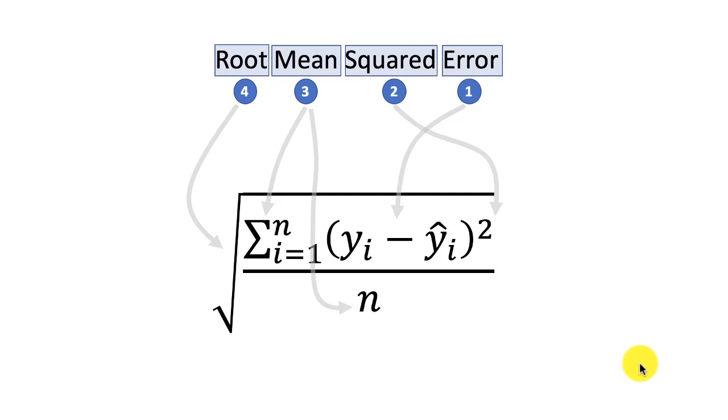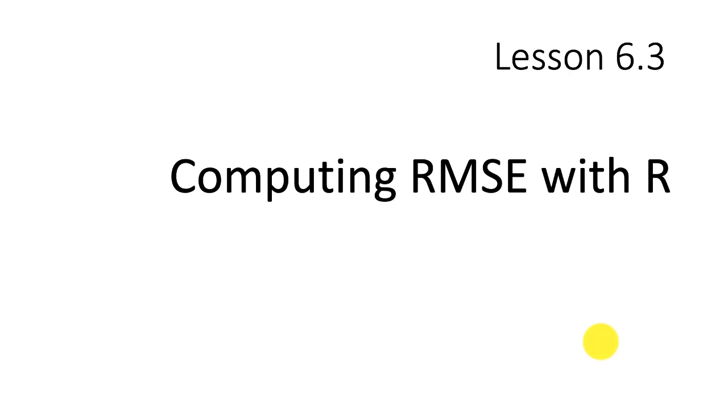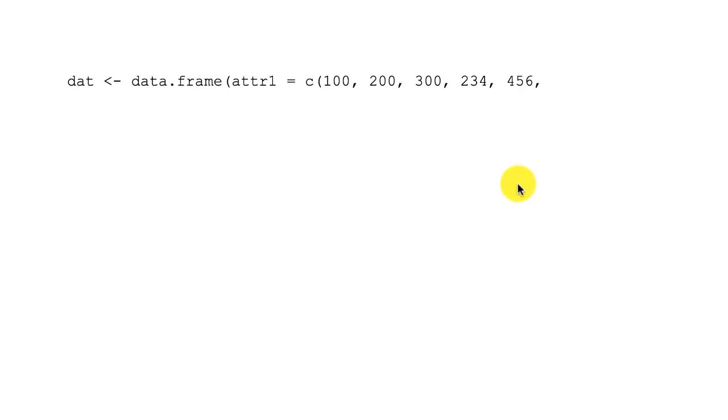Let's take a look at how to do the computation of the root mean squared error using R. Of course, it's very straightforward, nothing much to it. Here I've got a data frame that I'm just creating with some values. Instead of reading the data from a file, I'm just creating a data frame on the fly.